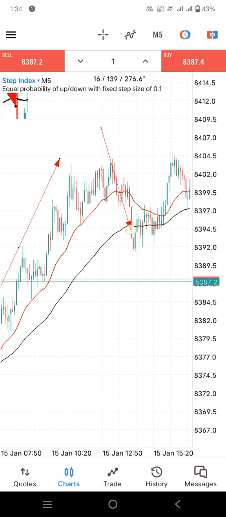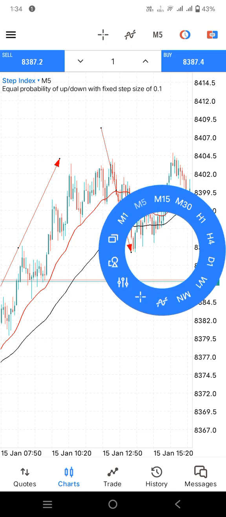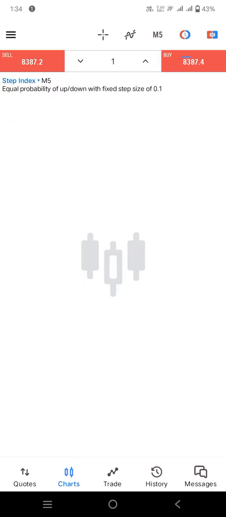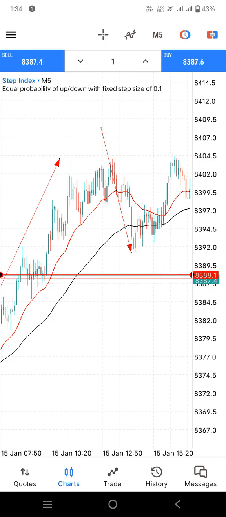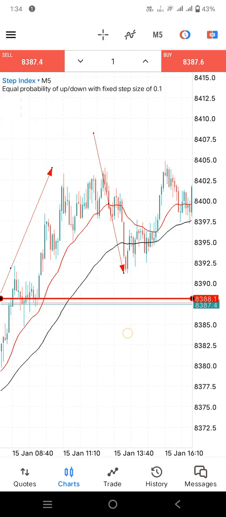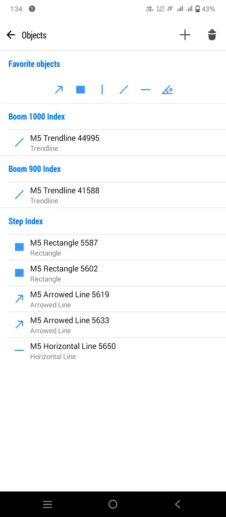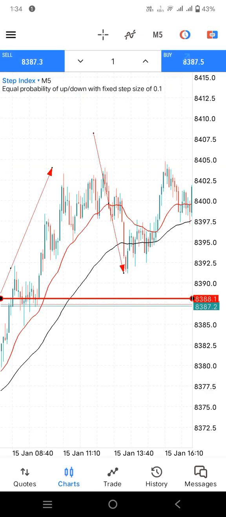When it touches this lower moving average, it's time to open your buy. Once you open your buy, put your stop loss on the downside there and wait for the market movement. And after your buy goes into profit, lock the profit and move forward.